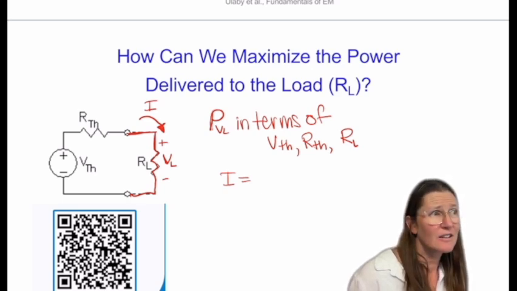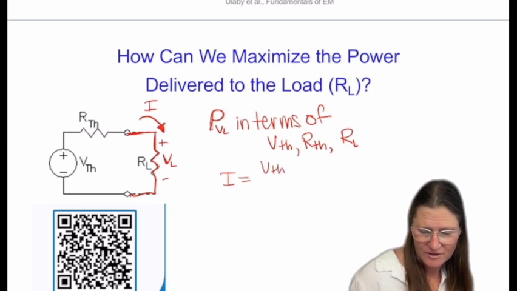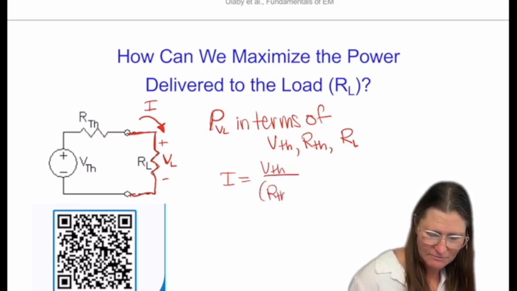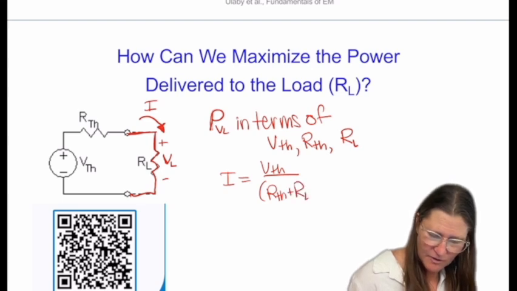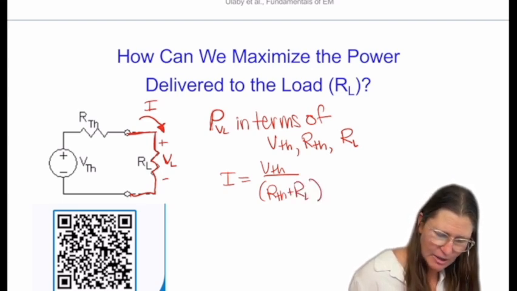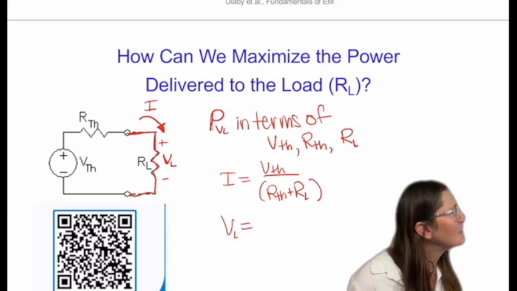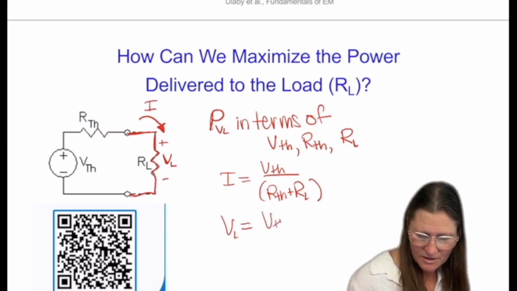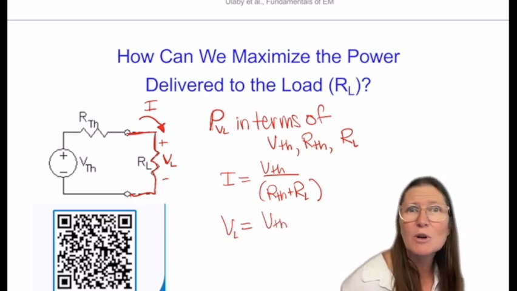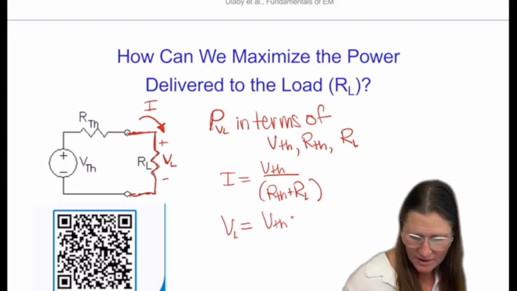It's just VTH over the sum of the resistors. Correct. So we have our I in there, and then what is VL? VTH times the load resistor.